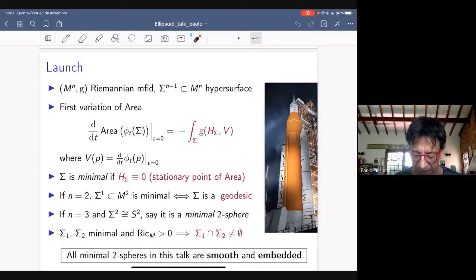One thing to keep in mind is that there is this theorem by Frankel that says that if you have any manifold with positive Ricci curvature, then any two minimal hypersurfaces must intersect, okay? Let me also specify that all the minimal 2 spheres will be meant to be smooth and embedded, okay? Not immersed, but embedded. All right.